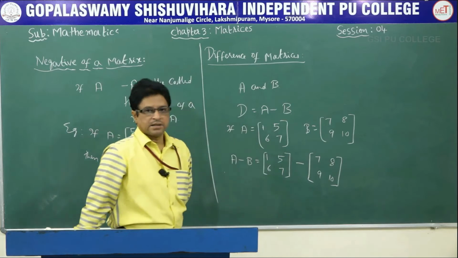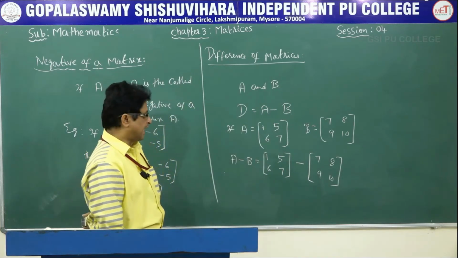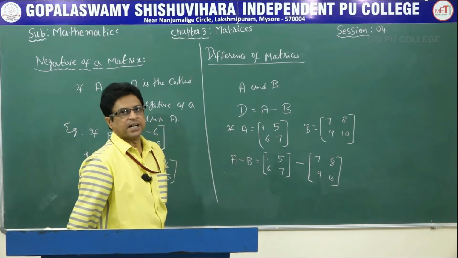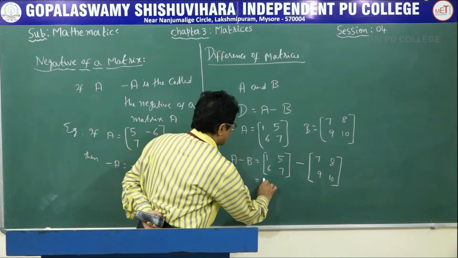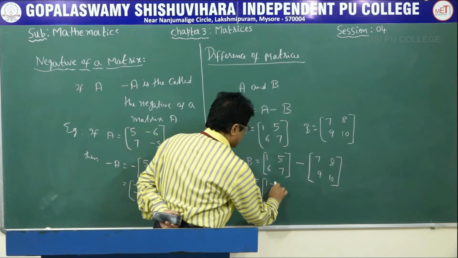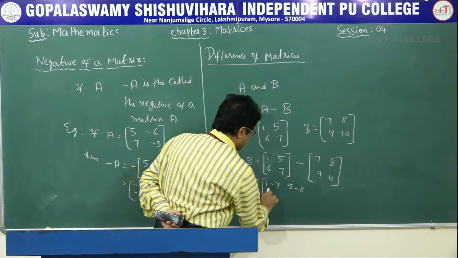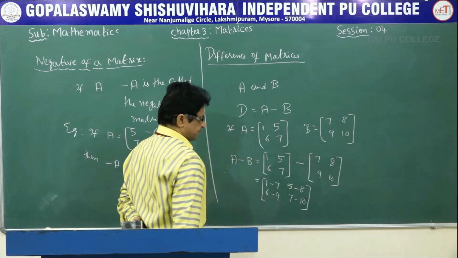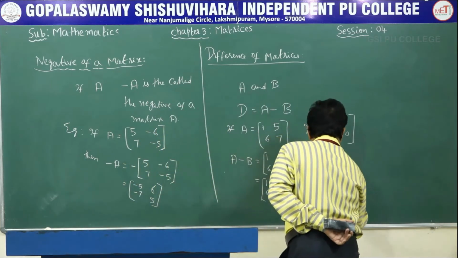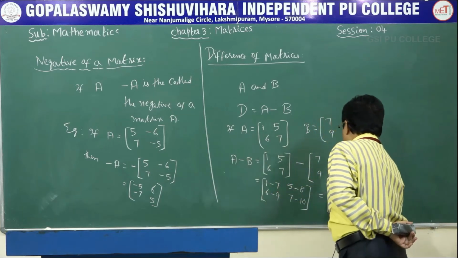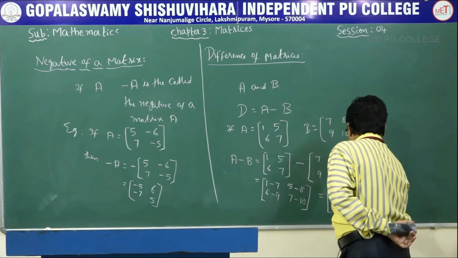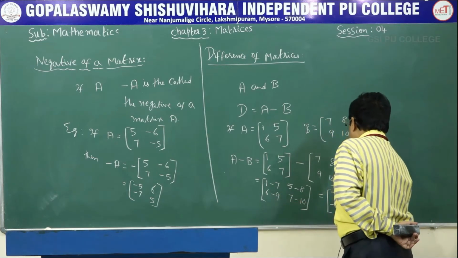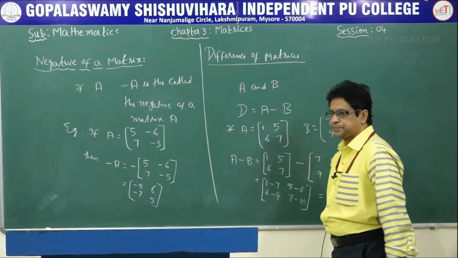Here both orders of the given matrices are same, and the rule is the difference of their corresponding elements, which will be equal to 1 minus 7, 5 minus 8, 6 minus 9, 7 minus 10, which will be equal to 1 minus 7 is minus 6, 5 minus 8 is minus 3, 6 minus 9 is minus 3, 7 minus 10 is minus 3.